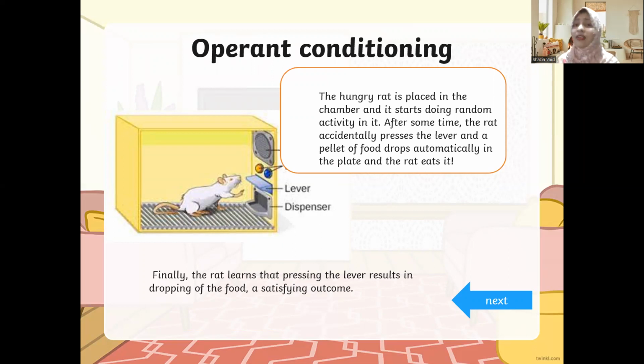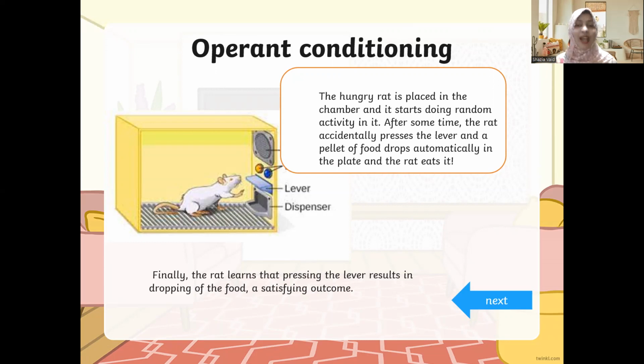In that box, there was one lever and one space where food could be provided. This hungry rat was placed in the chamber, and because it is a mouse, it started doing random activity. The mouse was not instructed anything, and even if we instruct, the mouse will not be able to understand.